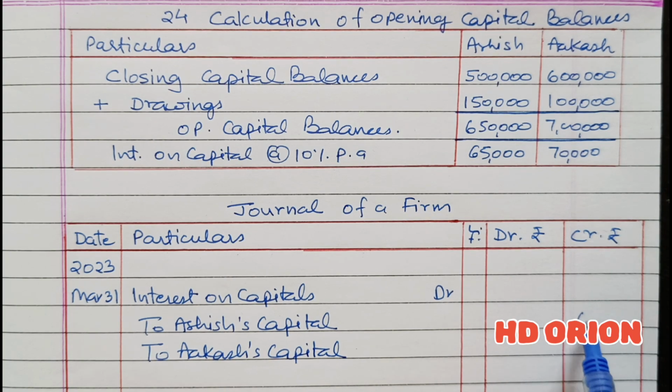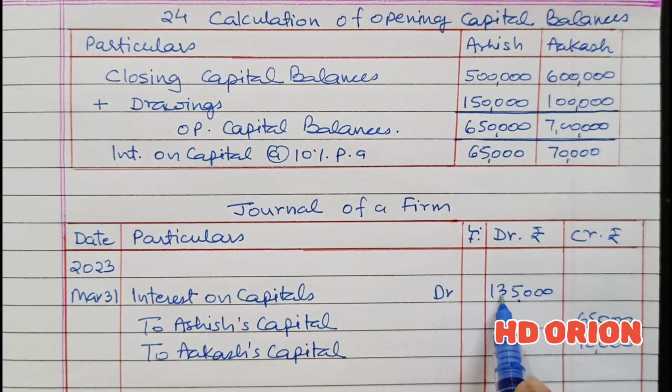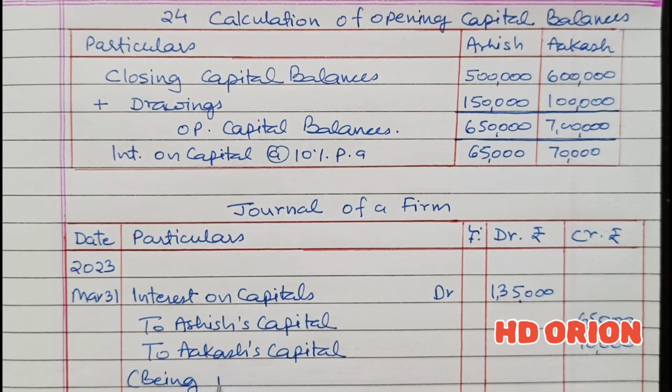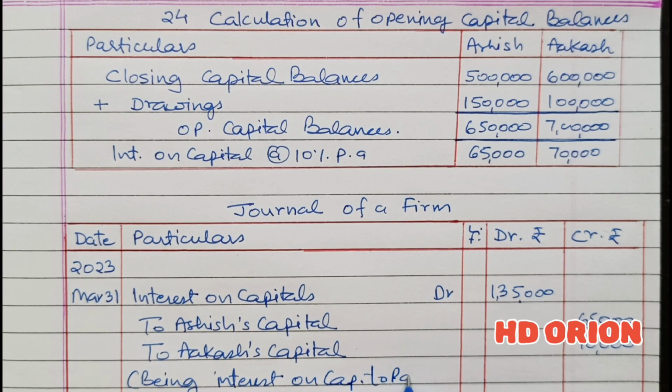Amount we have already calculated, 65,000 and 70,000. Now when you add, you get 1,35,000. Fine. Being interest on capital to partners.